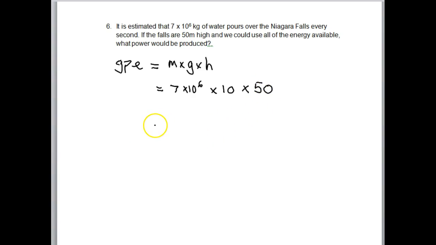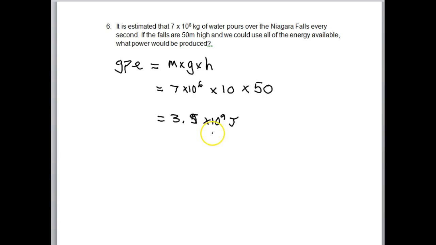Tapping that into the calculator, you get 3.5 times 10 to the 9 joules. It comes up as 3.5 and lots of zeros, but just press the engineering button, which will save you counting the zeros.